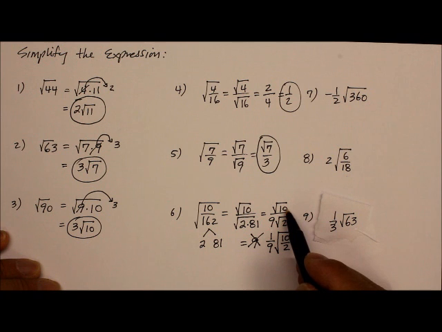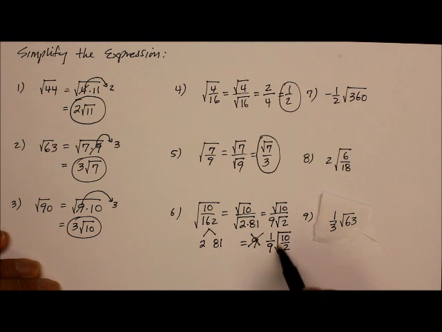Since 10 is inside a radical and 2 is inside a radical, I could put them in as a quotient. And when you do that, this time, 2 can reduce to 10 5 times. So the final answer is 1 over 9 times the square root of 5. That's not too exciting, but that's a good answer.